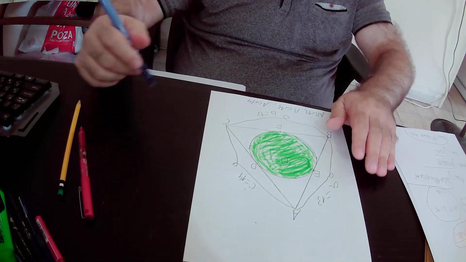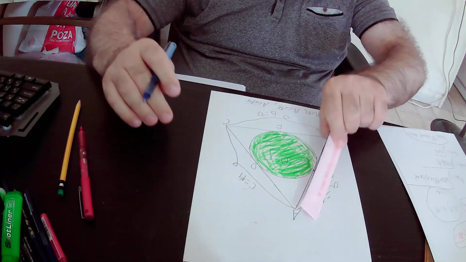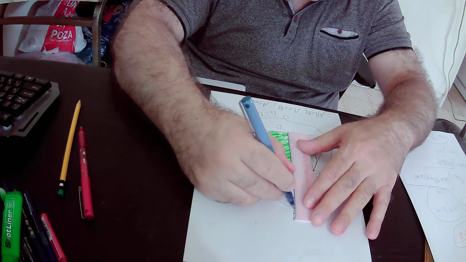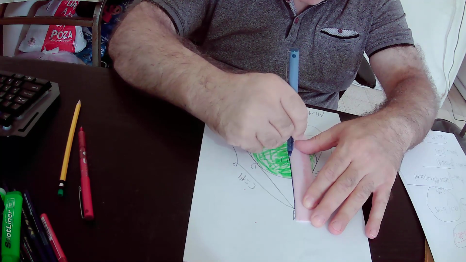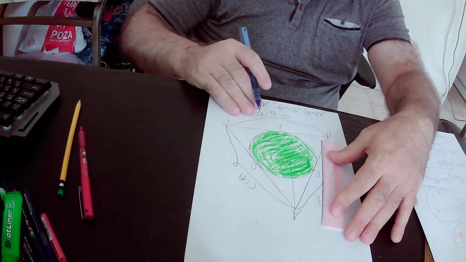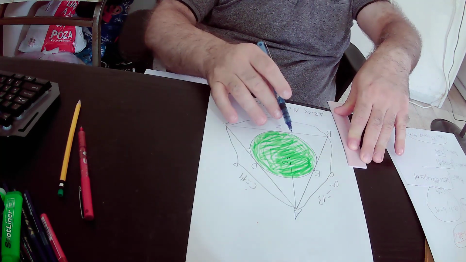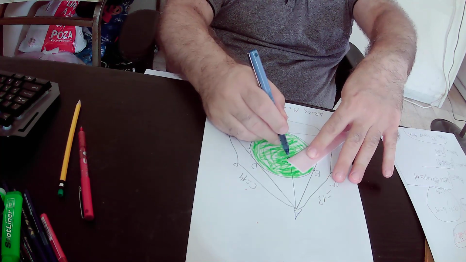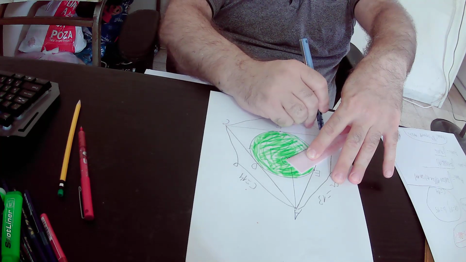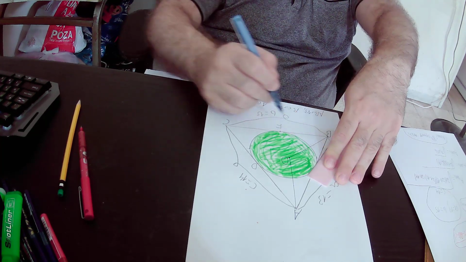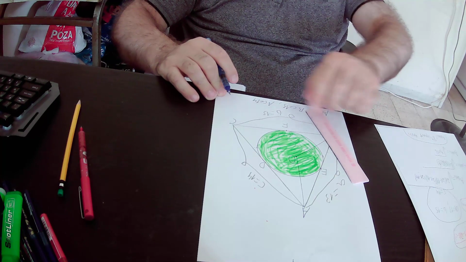Then we will connect points A and O by a straight line, and we will also connect points B and O by a straight line. And we will connect points O and C by a straight line.